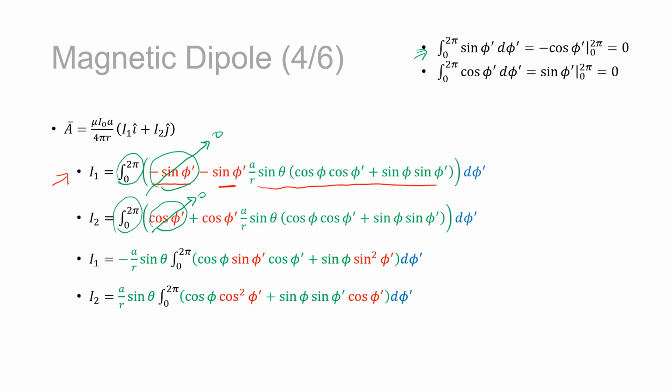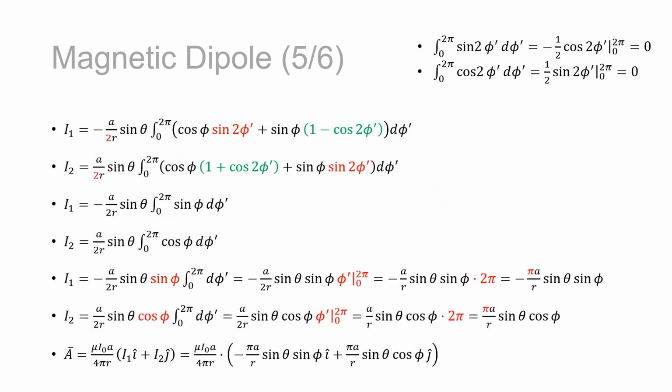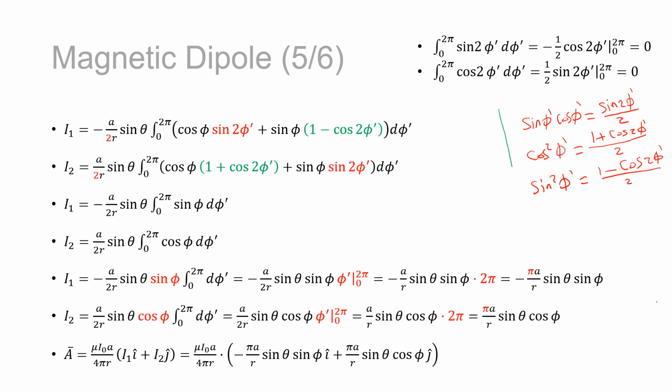Now we need to rewrite, so we apply sine phi dash here. We multiply inside by cosine phi dash and sine phi dash. So you get here sine square phi dash and sine phi dash cosine phi dash. Likewise, you get here cosine square phi dash, and here you have sine phi dash cosine phi dash. Here we have used trigonometric relations to simplify these four terms.